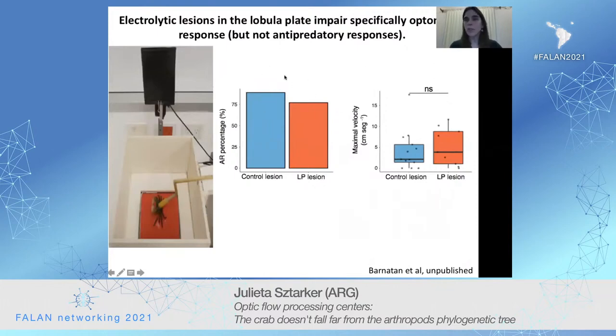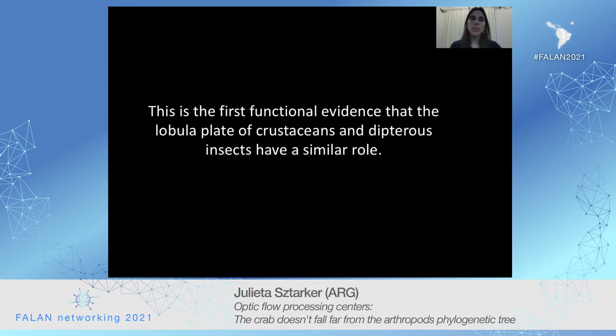Both the number of animals responding and the velocity of their escape responses were equal between the groups. This is very important because it's the first functional evidence that the lobula plate of crustaceans and dipterans have the same role.